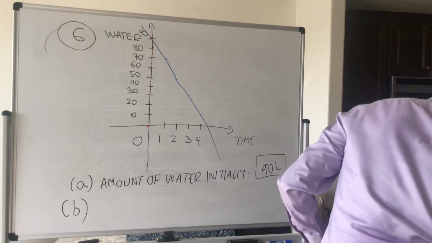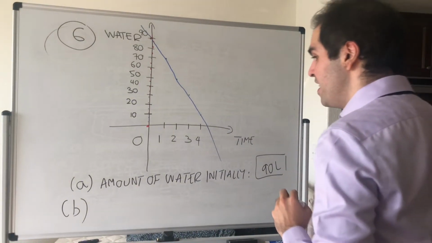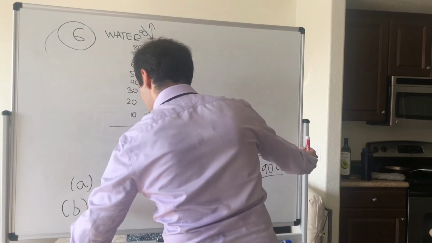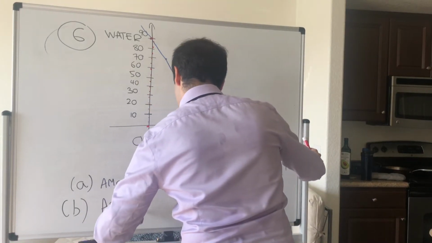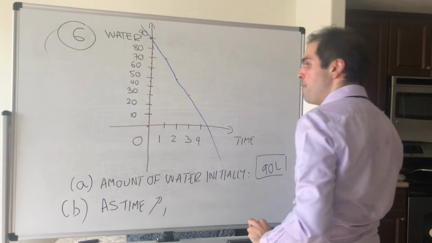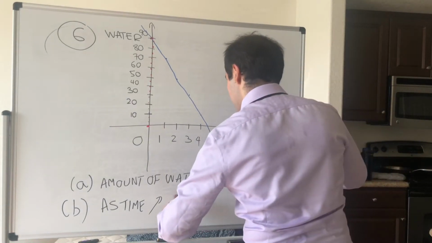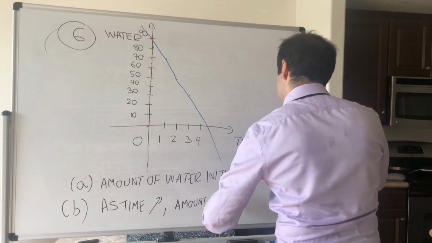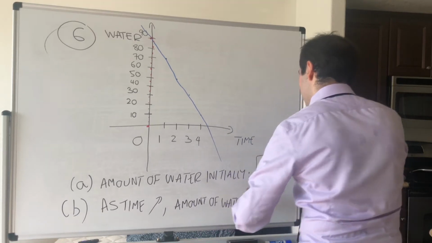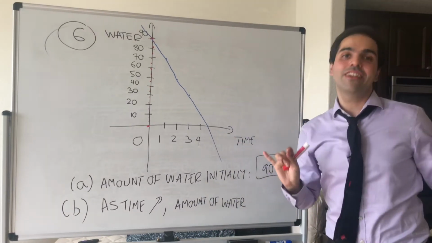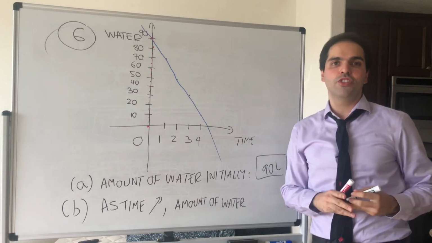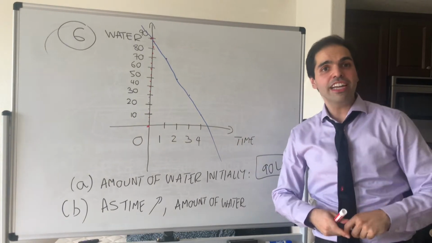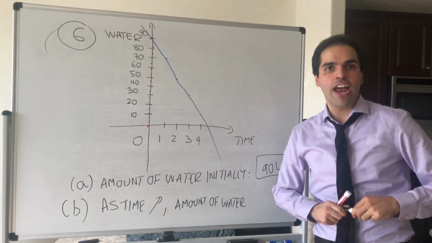Okay, so as time increases, what do you think happens to the amount of water? Without looking at the graph, think about the situation. In this case, Eric is draining the aquarium.